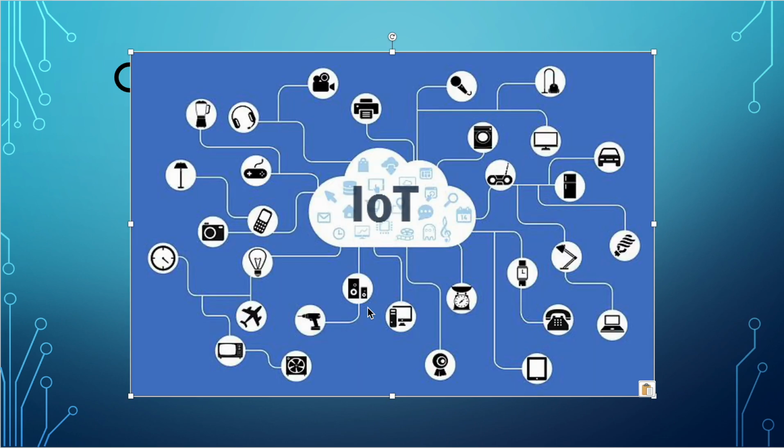If you take this diagram of IoT devices, you can see that each IoT device is represented at the end of each network node. Inside each IoT device, there could be another small network of sensors and other devices which are embedded together to make that particular IoT device, right?